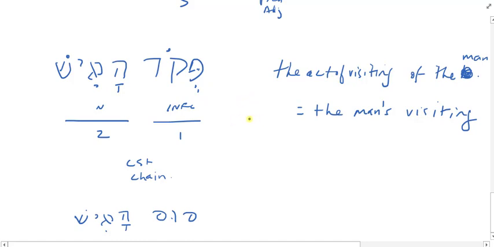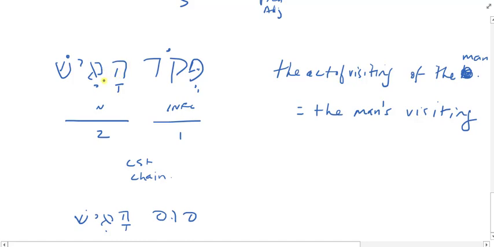So in the construct relationship, the second noun will basically be describing the noun and what the noun is doing at the same time. What it's going to do is usually, if this is an infinitive construct in the first position, the second position will frequently indicate the subject of it.